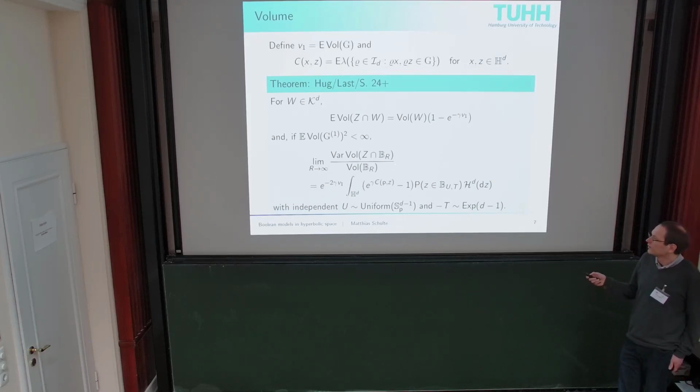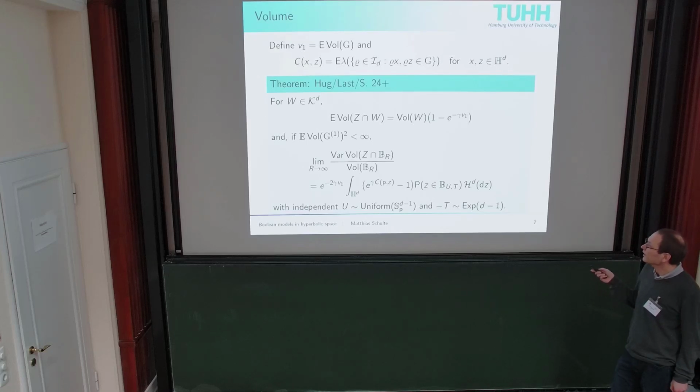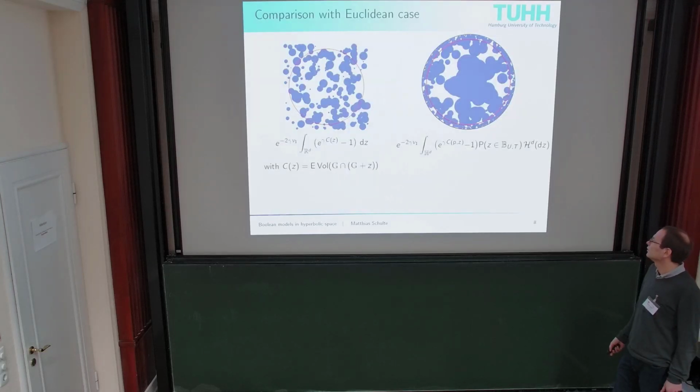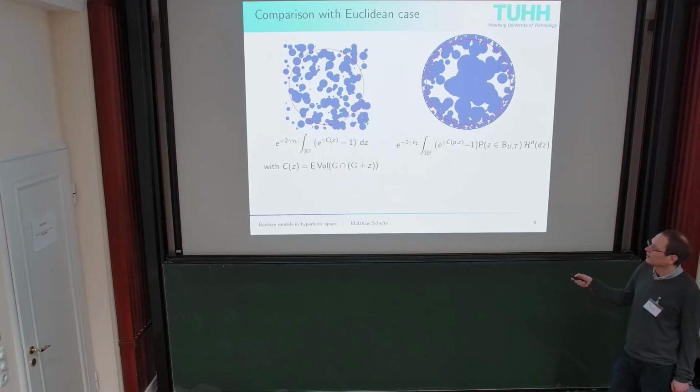So this formula here is now different from what we know from the Euclidean case. And so let me show you the comparison. So here on the left-hand side, you have the formula for the asymptotic variance of the volume in the Euclidean case, and here in the hyperbolic case.